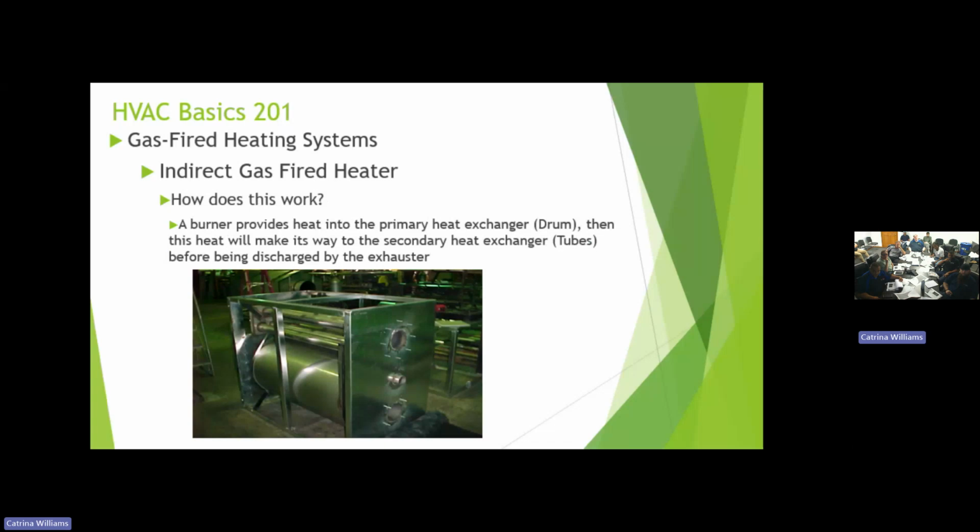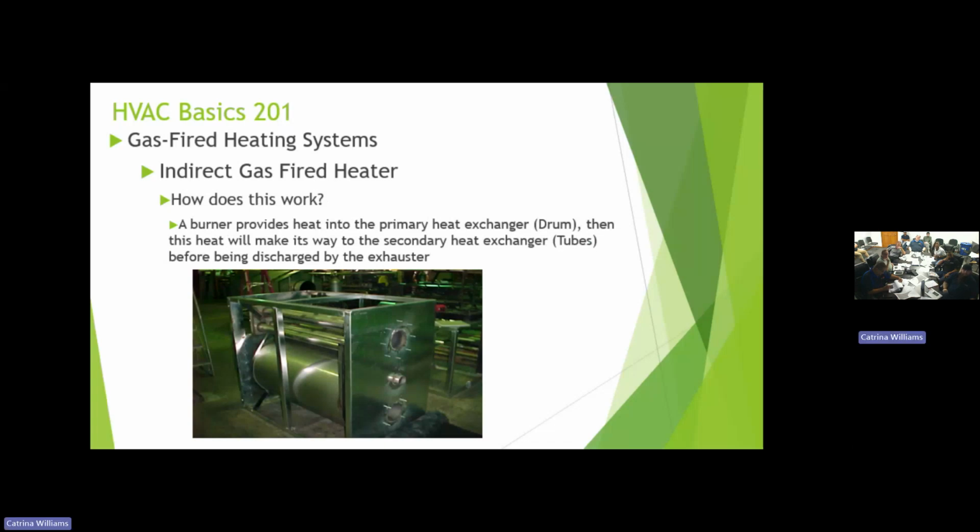So you have a flame shooting out that way, gases pulled back into this collection box, and then you have two passes of tubes. So we have a 4-pass heat exchanger: 2 passes in the main chamber, 2 passes of tubes. And then an exhauster mounts on this mounting arrangement here. So that's how we get the 4-pass heat exchanger.